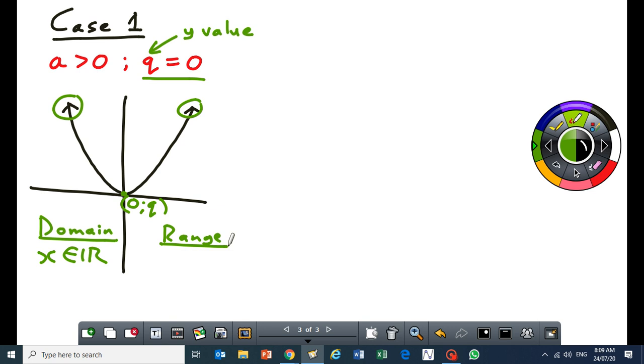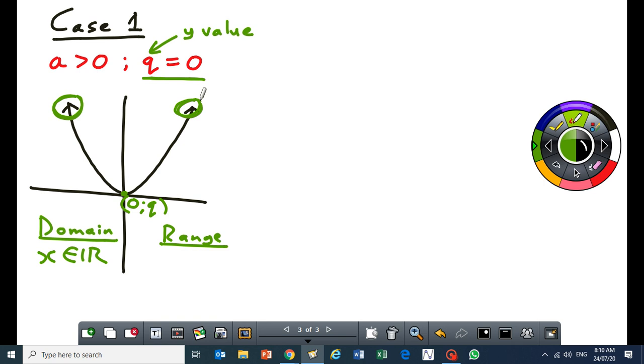Since the minimum value of y is here and it's equal to 0, here Q is 0, I wrote it there. Q is 0, so y is equal to 0 at this point. Which means the minimum value of y is going to be 0 and the maximum is going to be positive infinity because the graph is going up. You can see with the indication of these arrows here, y is going up to positive infinity.